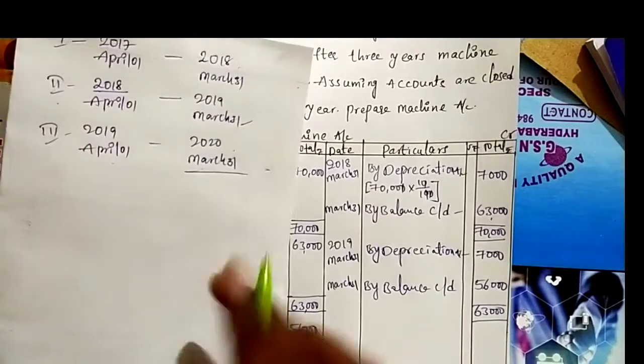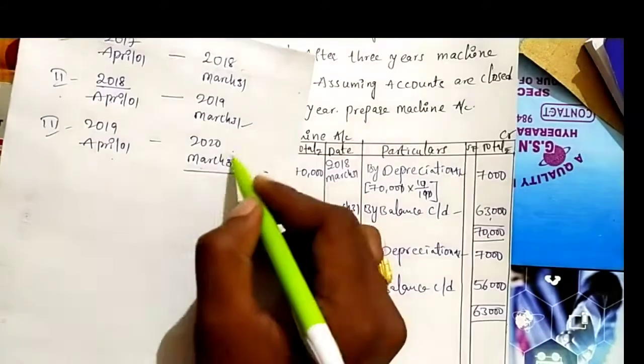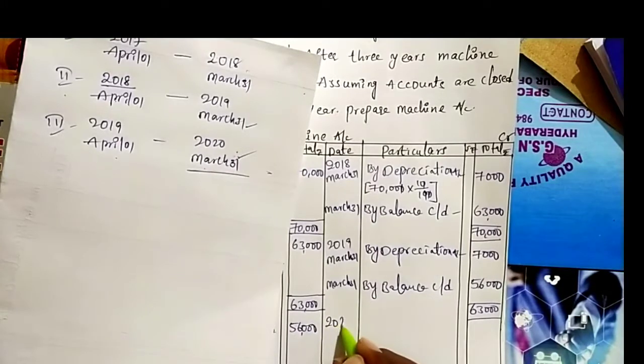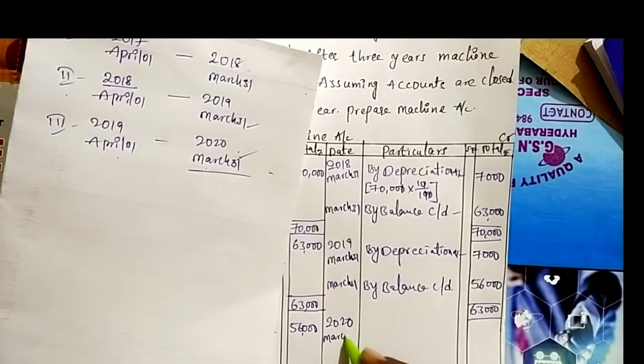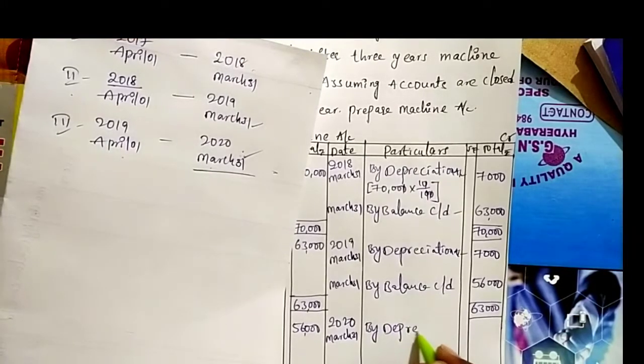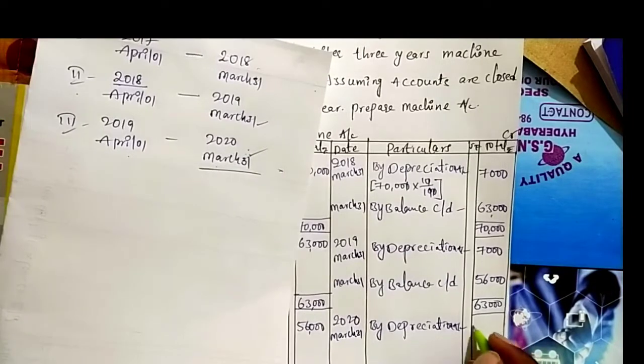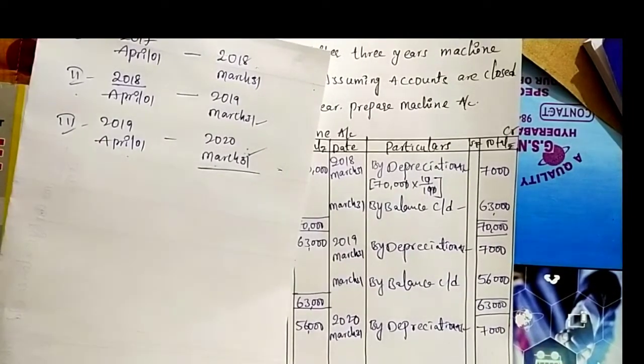At the end of the third year also we have utilized the machine, so we have to provide depreciation for this third year also. The end of the third year is 2020 March 31st, by depreciation account. How much? 7,000 rupees.